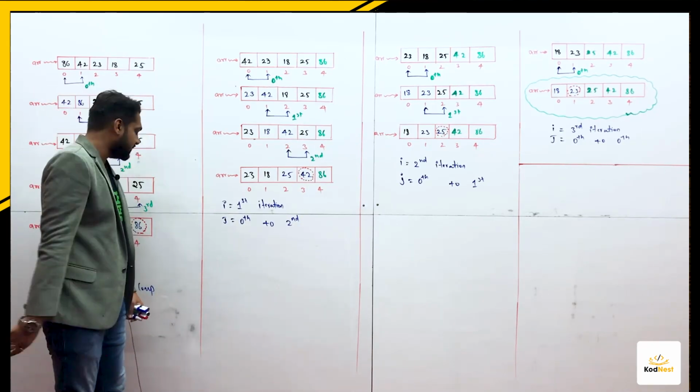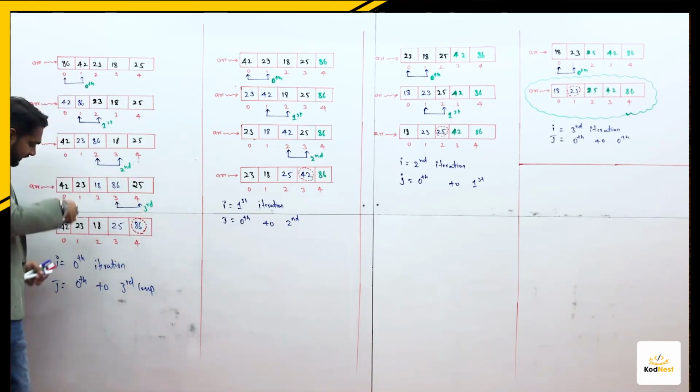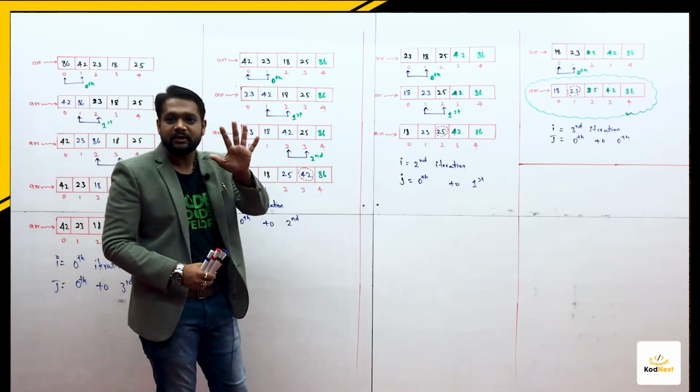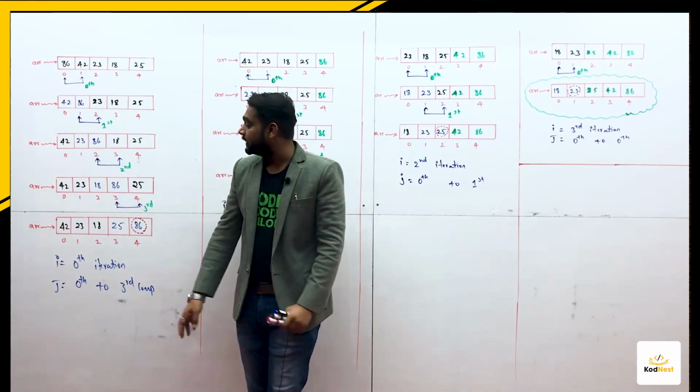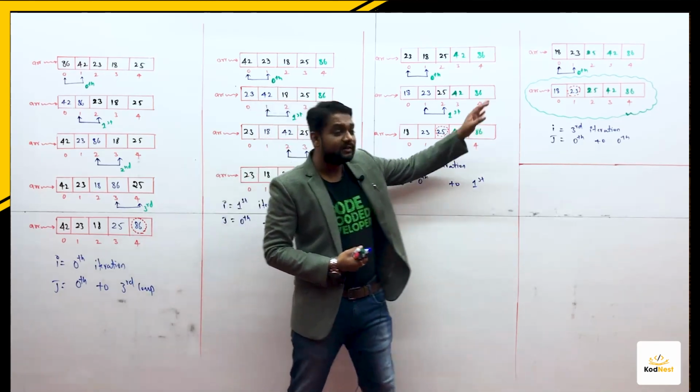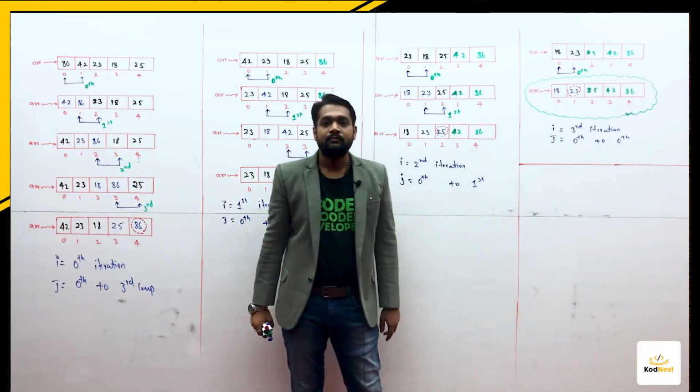Like that, if I look carefully, if the number of elements is 5, if there are 5 elements to be sorted, then I am starting from the 0th iteration and going until the 3rd iteration.